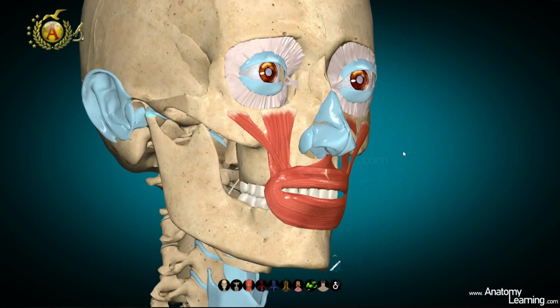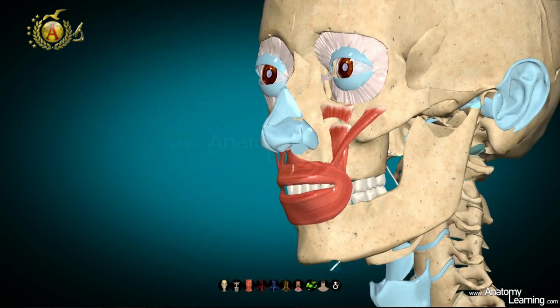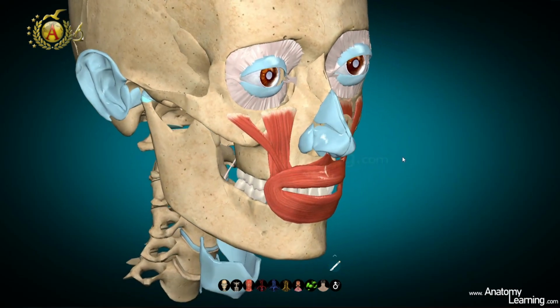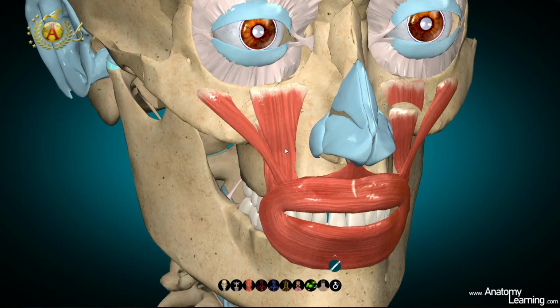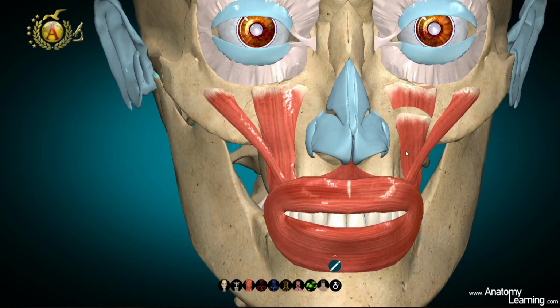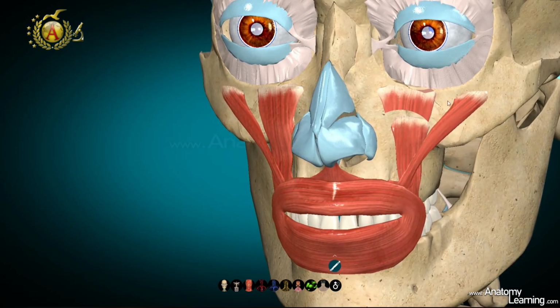The first muscle we are going to talk about is the quadratus of the upper lip. The quadratus of the upper lip is formed by three different heads. We have a medial head, a central head, and a lateral head. The lateral head will insert on the frontal face of the zygomatic bone.